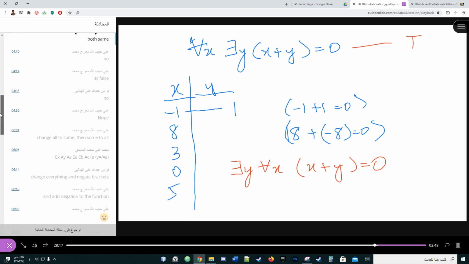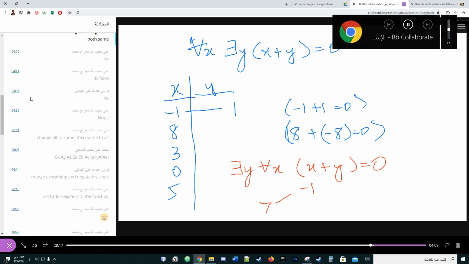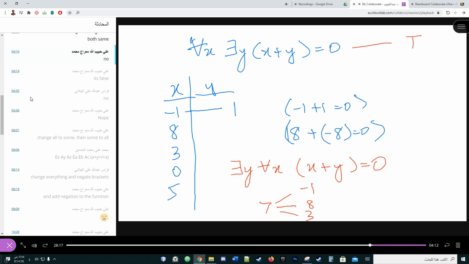So we say there is at least one y. Okay, Muhammad Ali is also saying both the same. Let's look at it now. There is at least one y. Maybe it's 7. At least one y for which all of x is true, which means 7 plus -1 is 0, 7 plus 8 is 0, 7 plus 3 is 0, 7 plus 0 is 0, 7 plus 5 is 0.